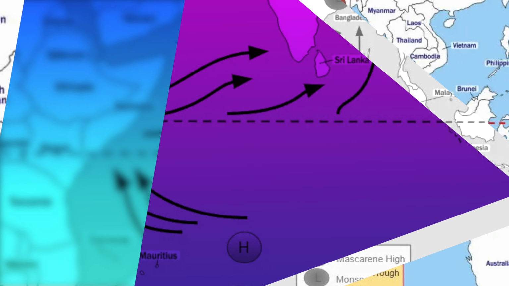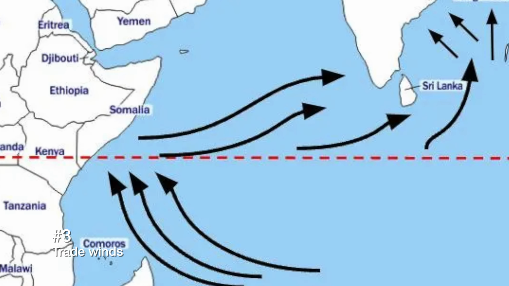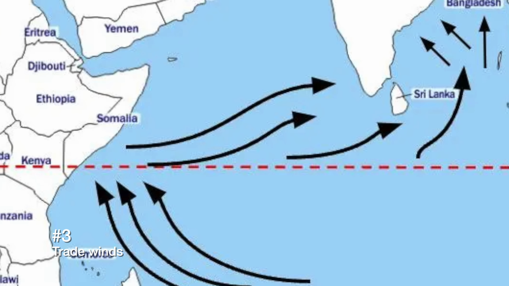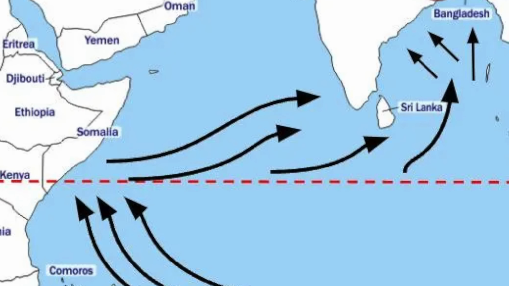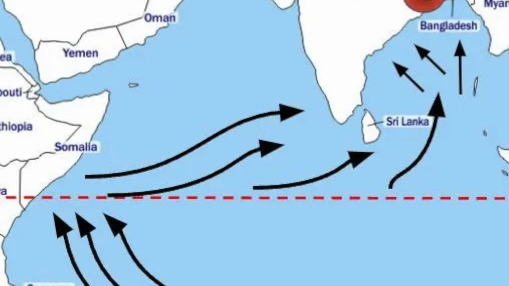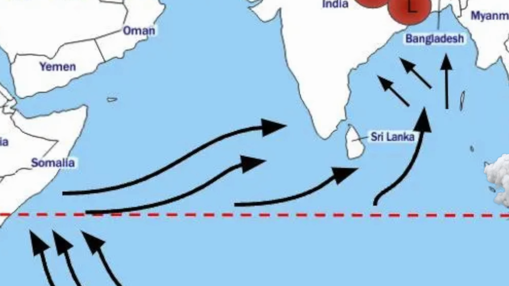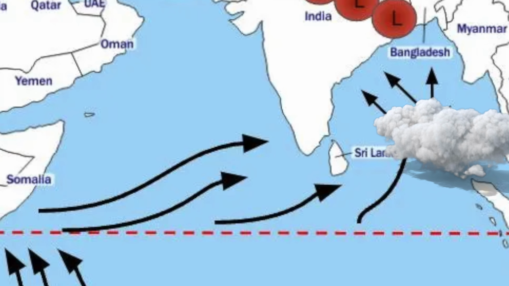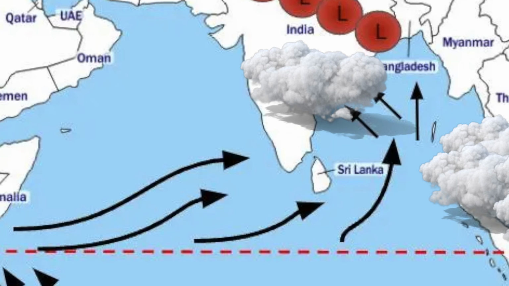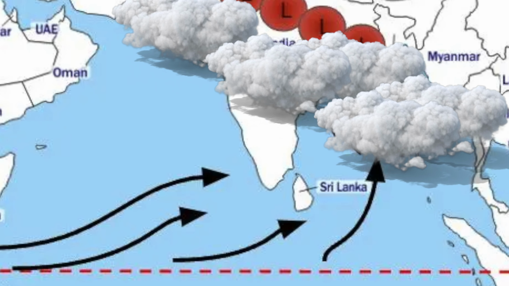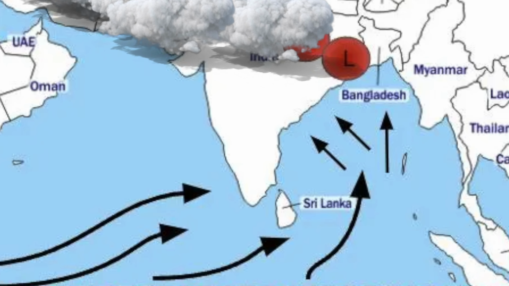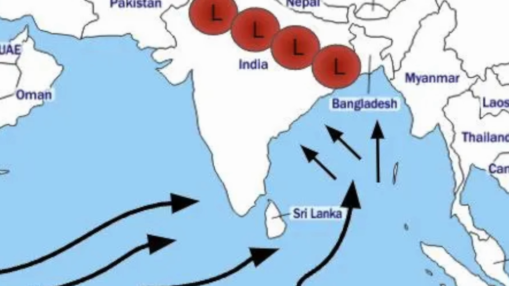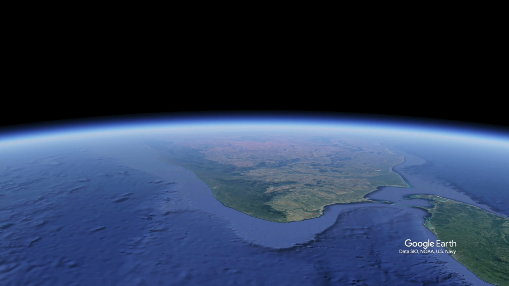Third, trade winds. The trade winds from the southern hemisphere, known as the southeast trade winds, blow across the Indian Ocean and are deflected towards the west by the Coriolis effect. These trade winds combine with the monsoonal circulation and the ITCZ to result in the southwest monsoon winds that bring rainfall to India.